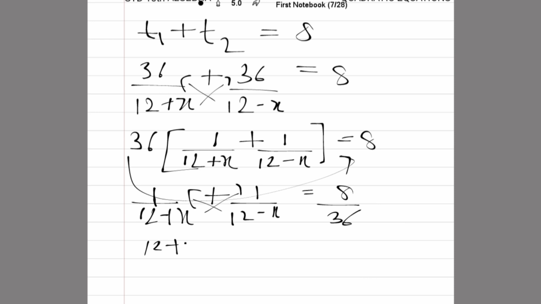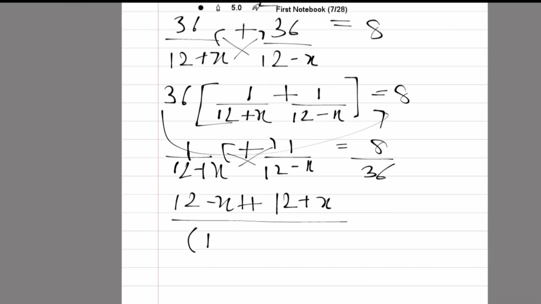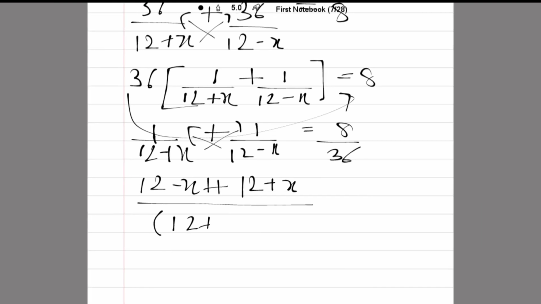So 12 plus x, and here it is 12, it is 12 minus x, and this is 12. Okay, wait, let me erase it so that you won't get confused there. And I will again write it, that is 12 minus x plus 12 plus x upon these two terms getting multiplied, that is 12 plus x into 12 minus x, is equal to, can we reduce these terms by just dividing it by 2?